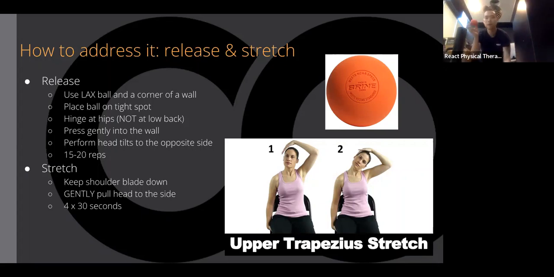You're going to take the ball, place it at a spot that's tight, and push gently into the ball here with the top of your shoulder. Once you feel like you're on a good spot, discomfort's okay, pain I don't want. Once you're there, you're going to do head tilts to the opposite direction, kind of like a little stretch through the pressure.